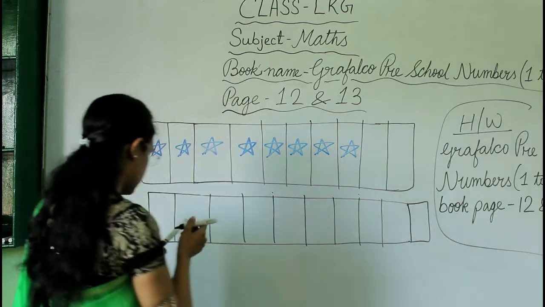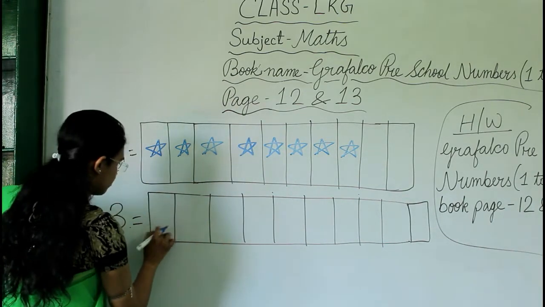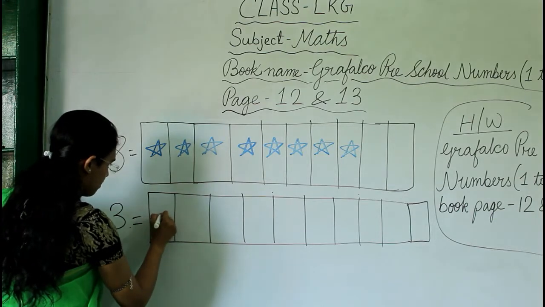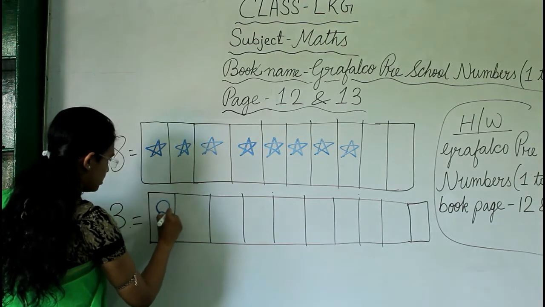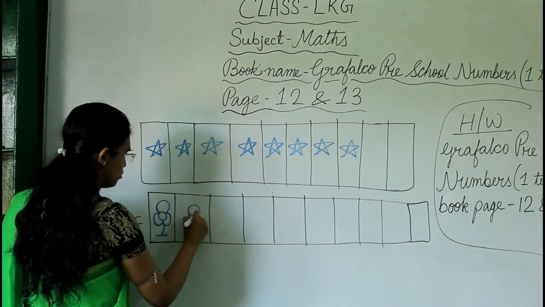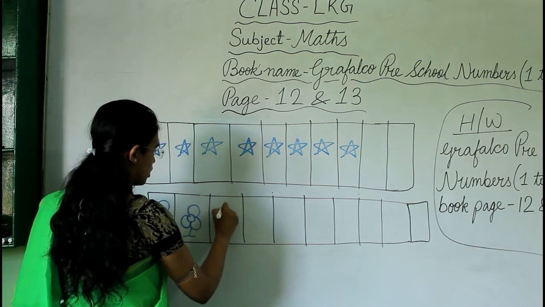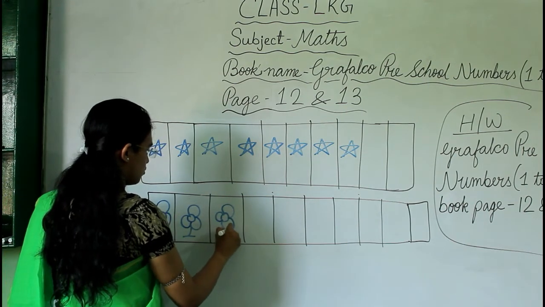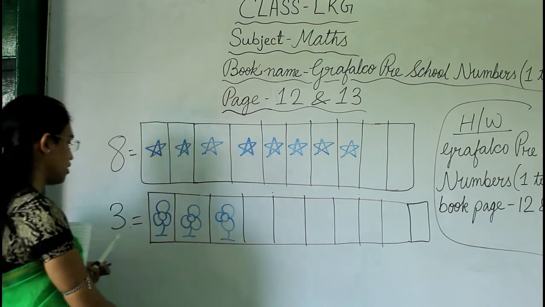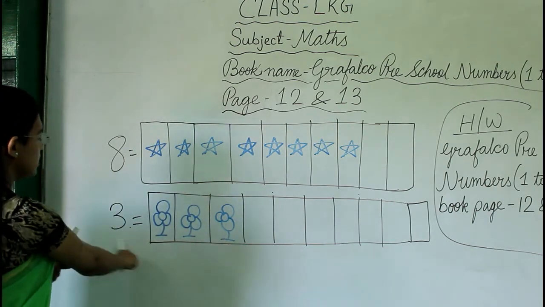Yes, we have to draw 3 objects. Now what will I draw? Flowers. 1, 2, 3. 3 flowers. How many flowers? 1, 2, 3. 3 flowers. Why? Because it is written here 3.